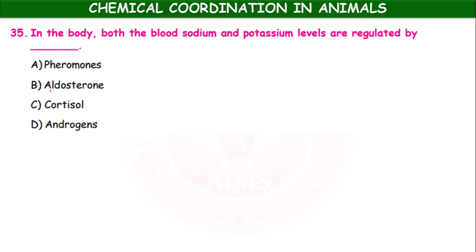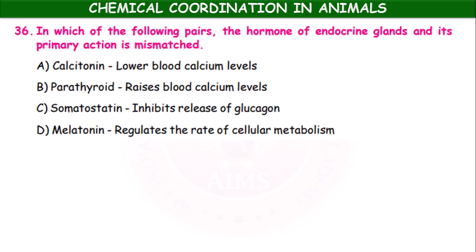In the body, both the blood sodium and potassium levels are regulated by pheromones, aldosterone, cortisol, androgens. Aldosterone. In which of the following pairs the hormone of endocrine gland and its primary action is mismatched?